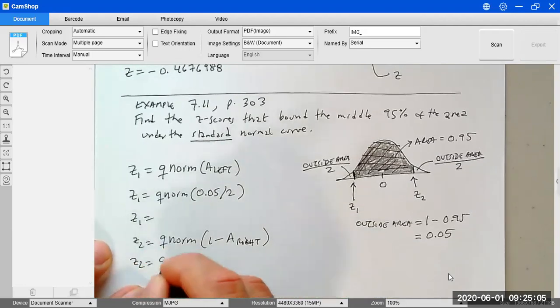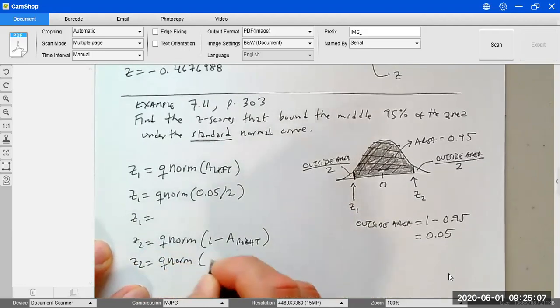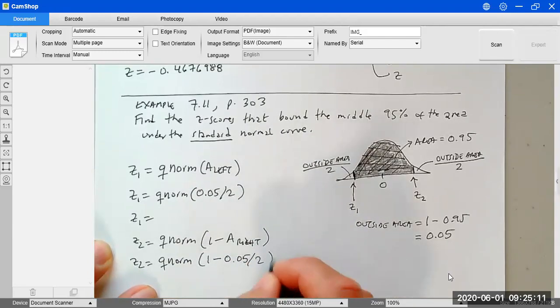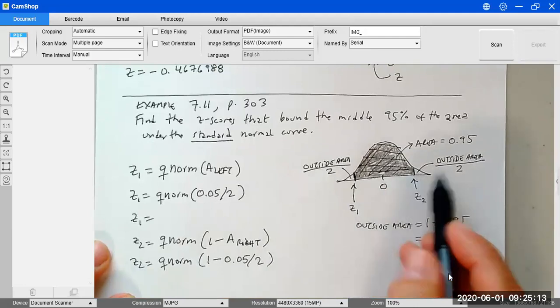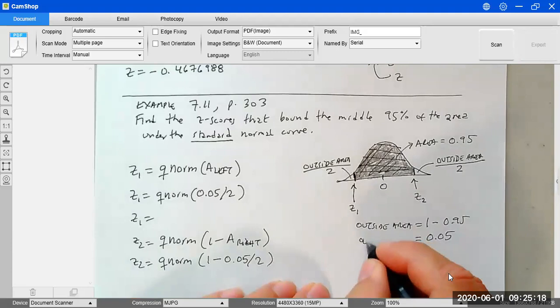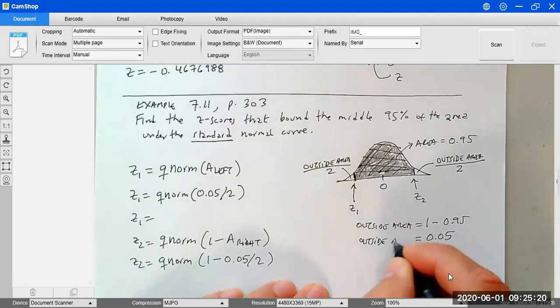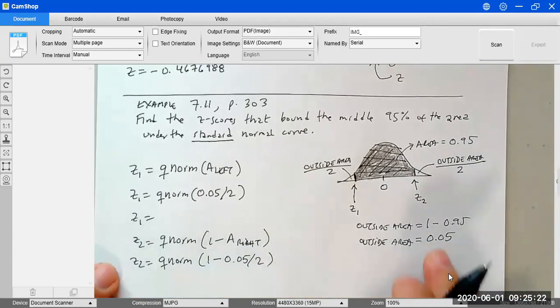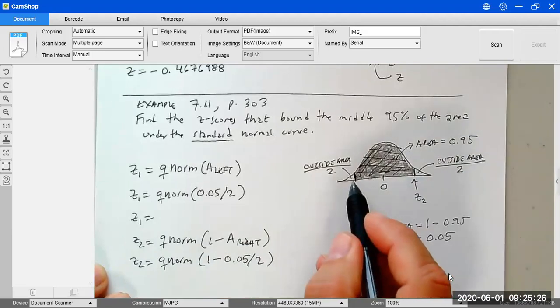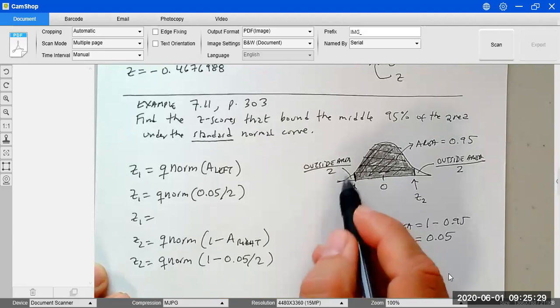So Z2 is going to be Q norm of 1 minus 0.05 over 2. The area to the right, this little piece, is also 0.05, which is the outside area. And this area divided by 2 is this little piece here. And the other 0.05 over 2 is the other little piece.